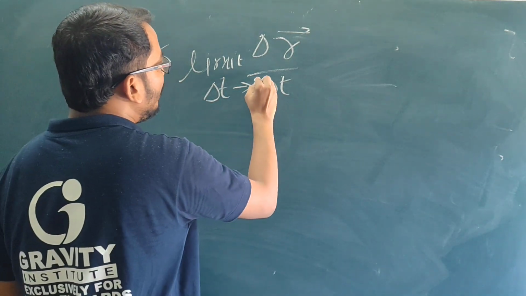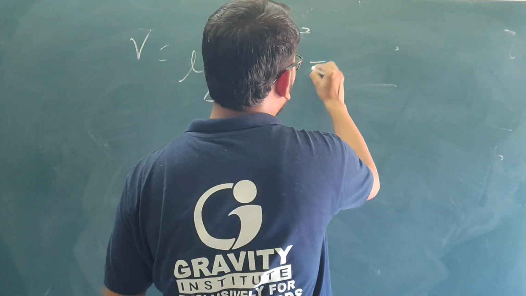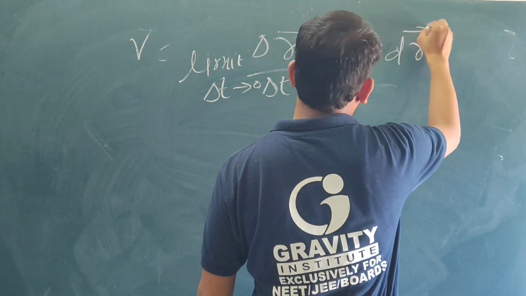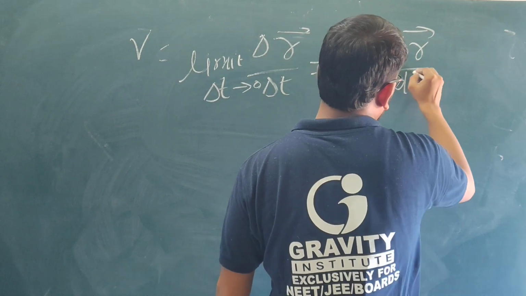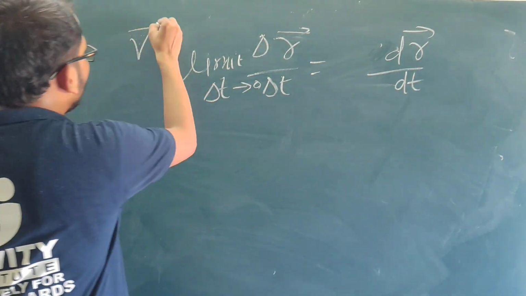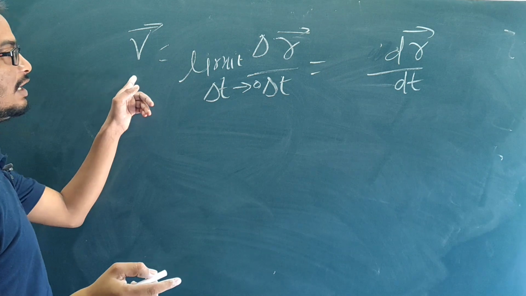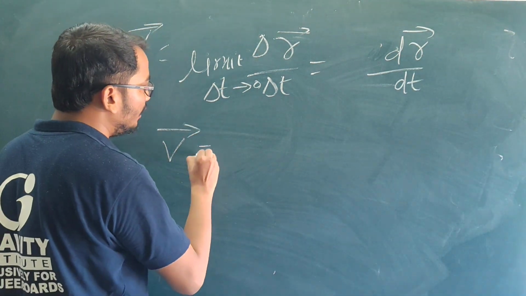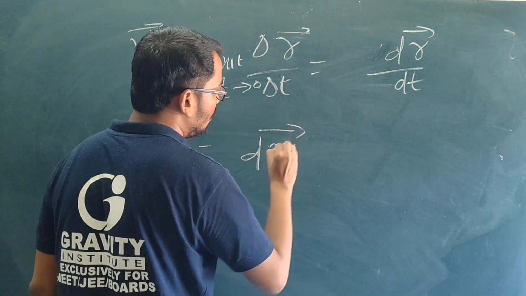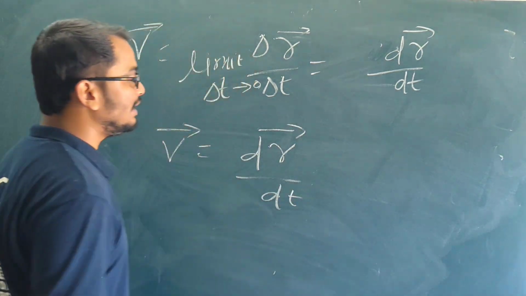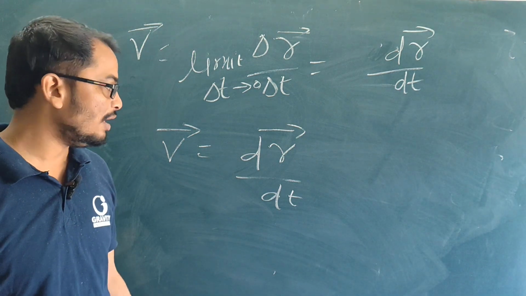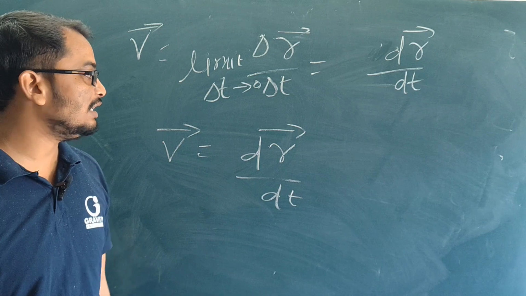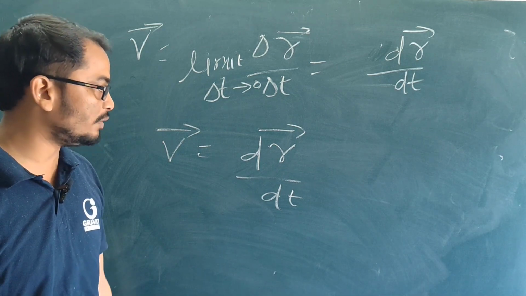That means for a very small time, the displacement is very small, dr, in time dt. So this velocity will be instantaneous velocity, not average velocity. So instantaneous velocity will be dr by dt. If displacement is very small in dt time, then we write velocity as dr by dt. This velocity is instantaneous velocity.